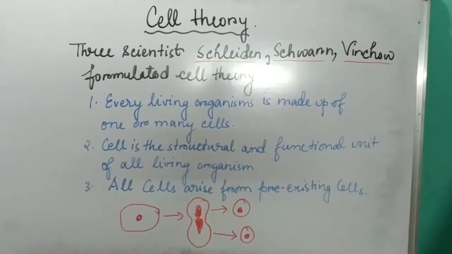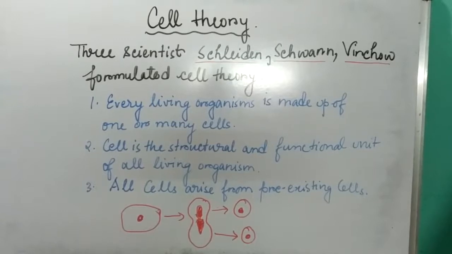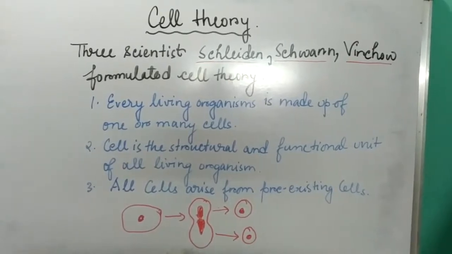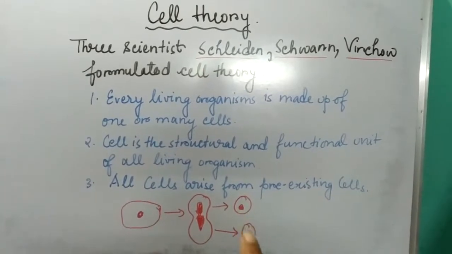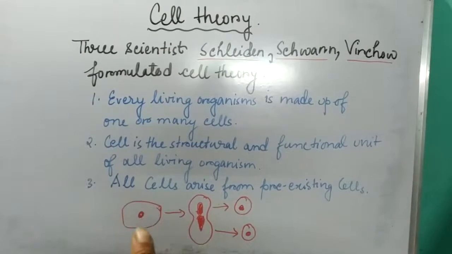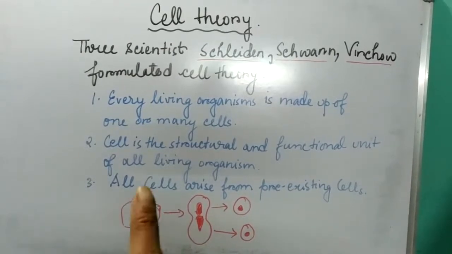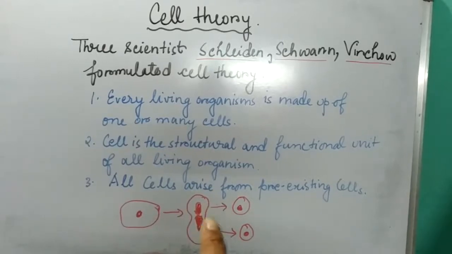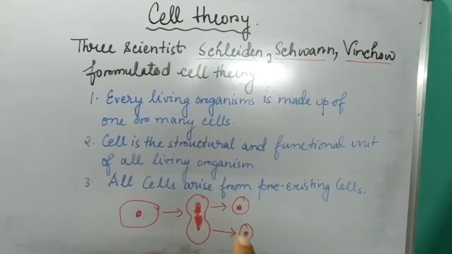And the last part is, all cells arise from pre-existing cells. This means all cells which are coming should be coming from pre-existing cells. That means the previous cell undergoes division and 2 new cells come out.